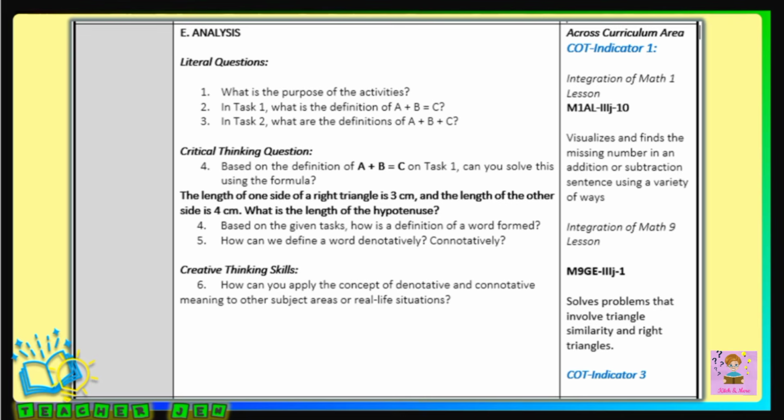This part of the lesson additionally applies the COT Indicator 3. Applied a range of teaching strategies to develop critical and creative thinking, as well as other higher order thinking skills. They are required to think literally, critically, and creatively by answering questions from the given tasks and by solving problems.